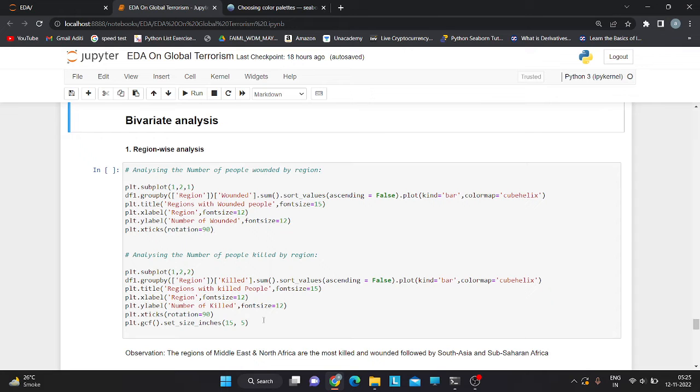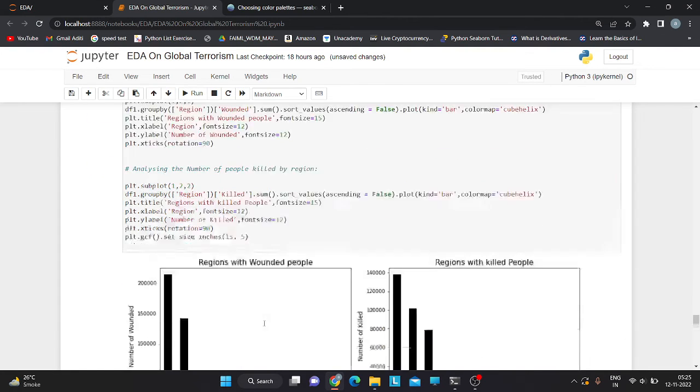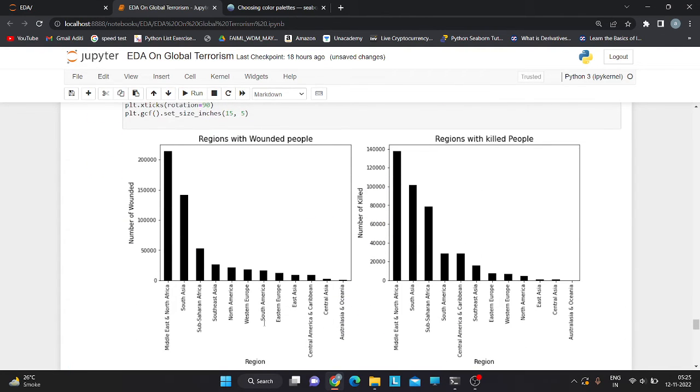So if I run this cell, I get the clear picture in front of me. Regions with wounded people, regions with killed people. So we can make a good comparison between them if we plot subplots.